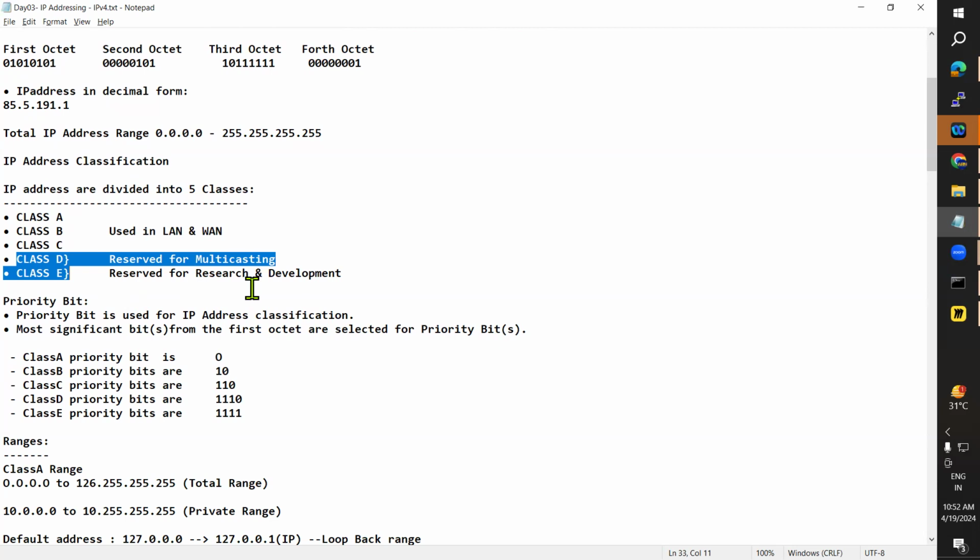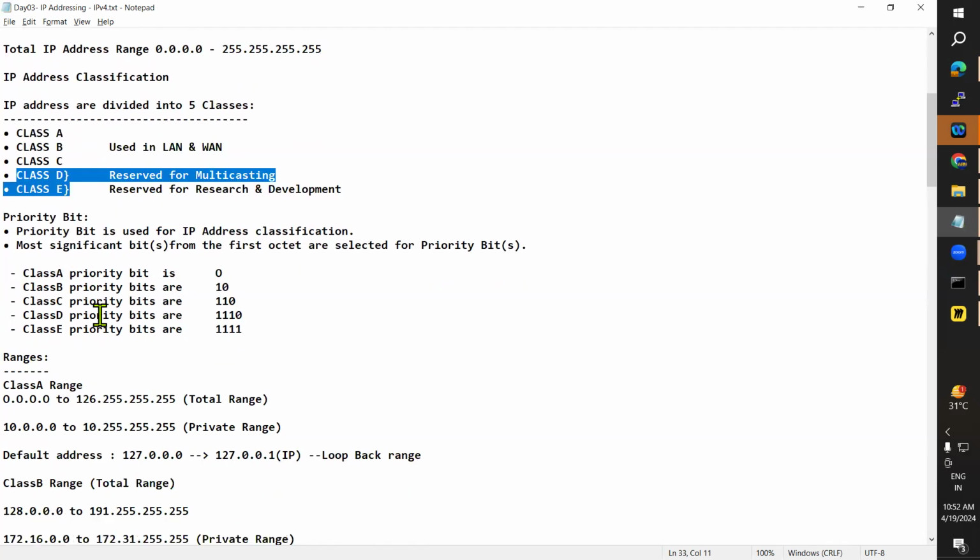Apart from these, your internet public IP address is also in either A or B or C. From which number class A starts, from which number class B, and from which number class C starts, we'll discuss.